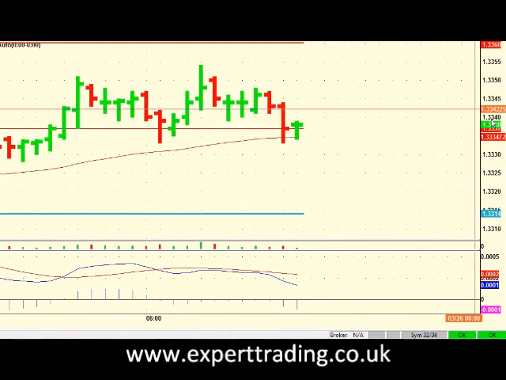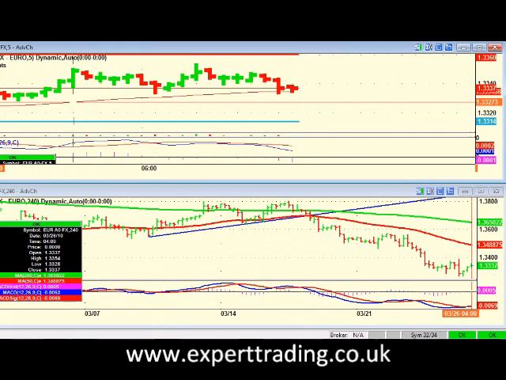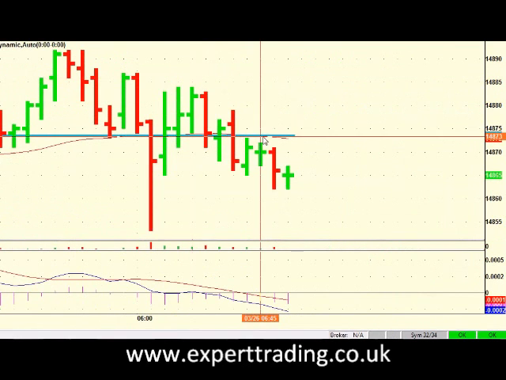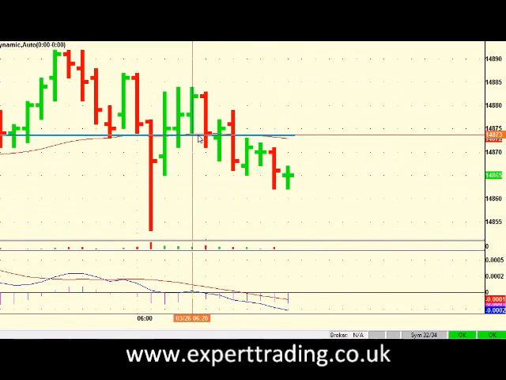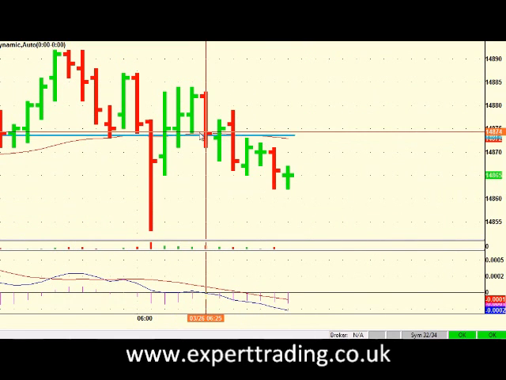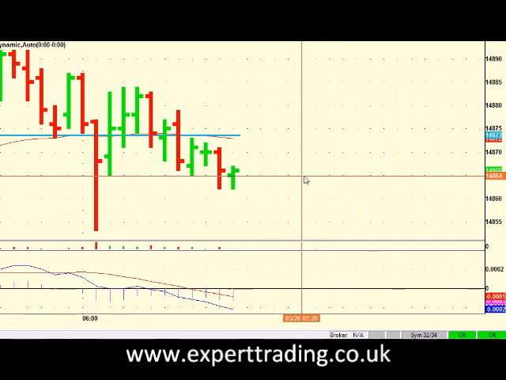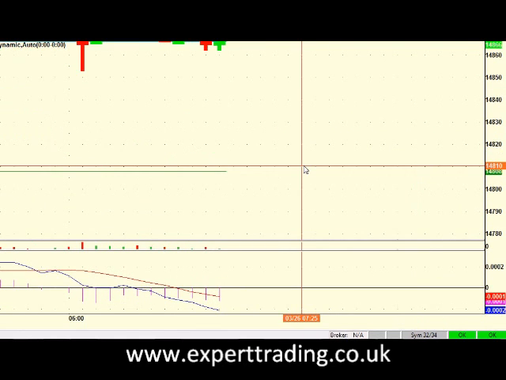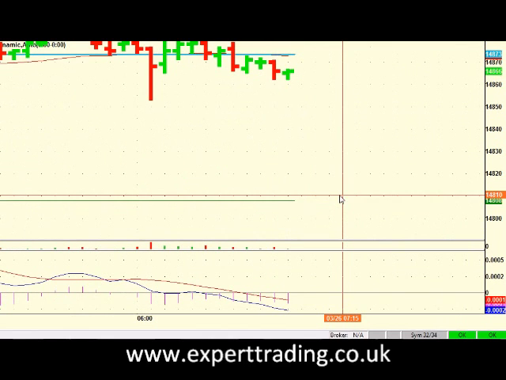GBP, we're already entered into a trade, so let's go to GBP. See here it's broken the pivot and broken the 50 period moving average. So what we're waiting to see now is a move down. We're at about the midpoint level, but this is big. This is about 60 pips.